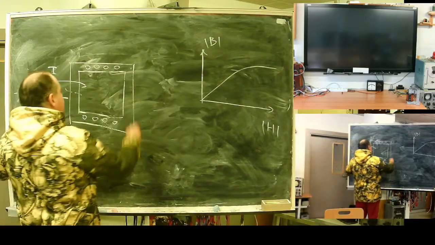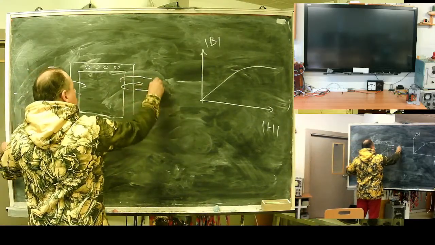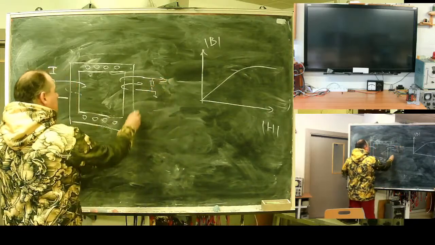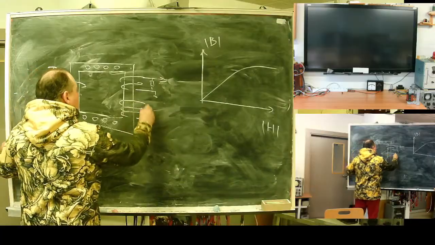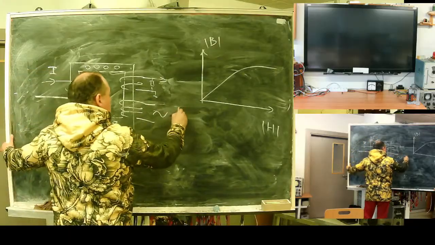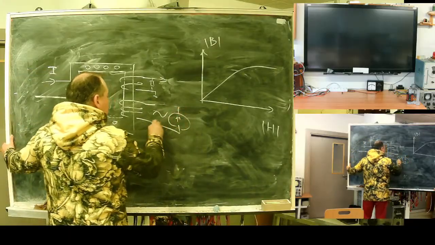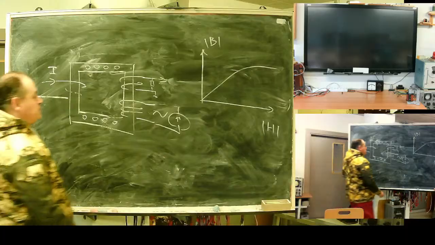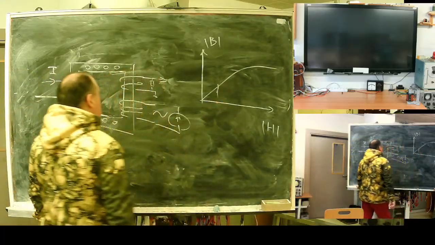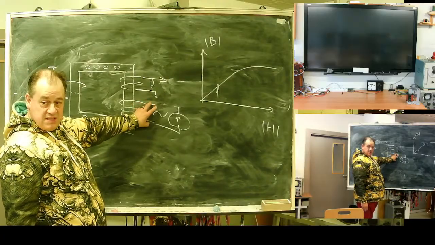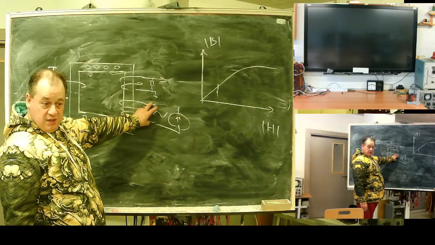Primary side, secondary. This is powered from an AC source. Without current, it's linear. In small currents, we operate somewhere here. So output is proportional to this excitation voltage applied.